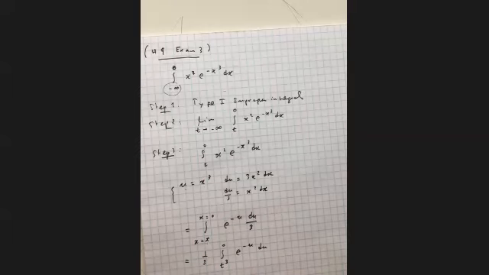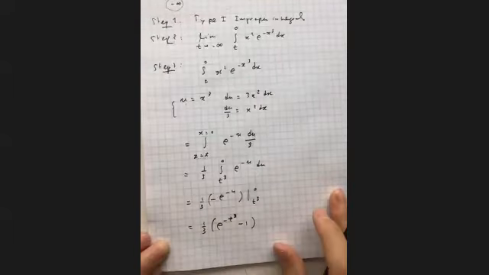This integration can be written down very carefully: it is e to the minus u with a minus sign here, from 0 to t cubed. So this actually is 1 over 3 times e to the minus t cubed minus 1. Any questions so far for this computation?